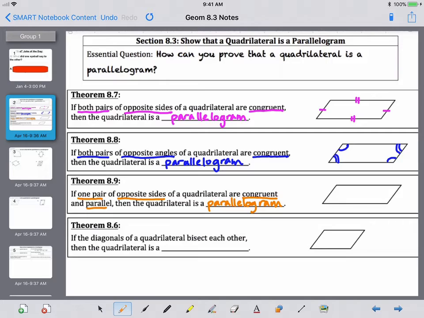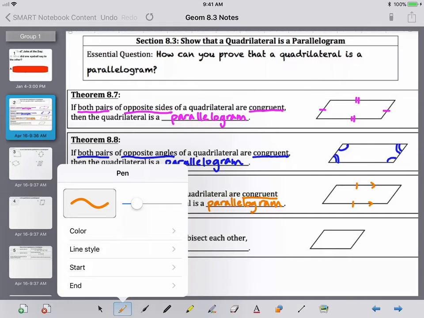So that tells us that if we can show this side and this side are the same length, and this side and this side are parallel, then that has to be a parallelogram. So here, this is the only one that you're dealing with just one pair of sides. The other two, theorem 8.7 and 8.8, you need to have both pairs.